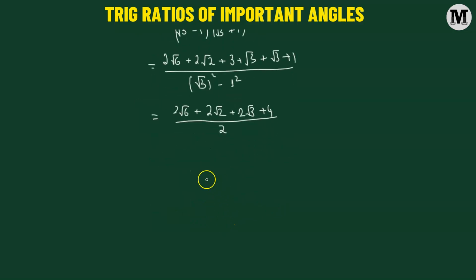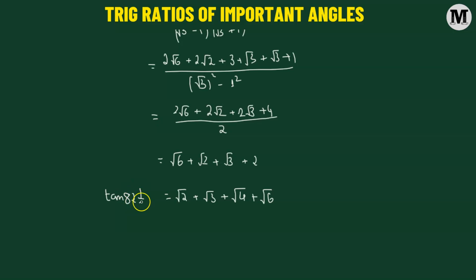And finally, that gives us square root of 6 plus square root of 2 plus square root of 3 plus 2. But we're going to rewrite this. We're going to take the first term as square root of 2, the second term as square root of 3, the third term will be 2, but we are going to rewrite it as square root of 4, and the fourth term will be square root of 6. And this is going to be the value of tangent of 82 and 1/2 degrees.